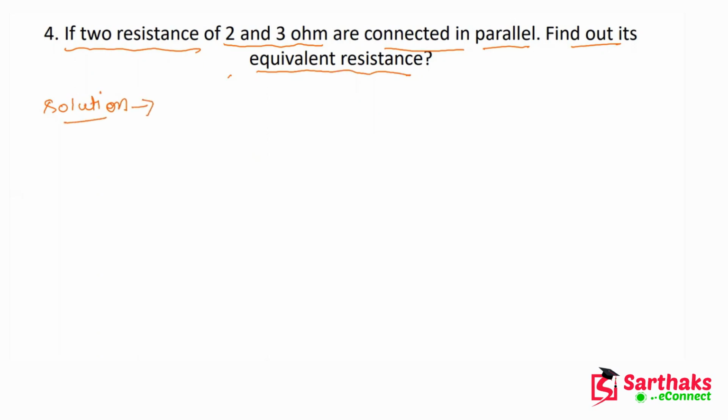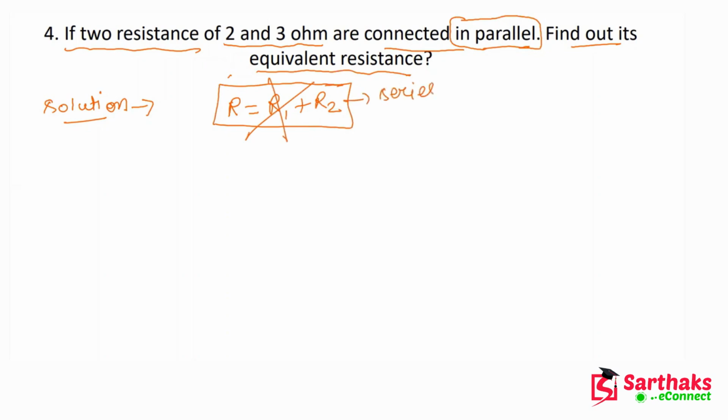We need to find the equivalent resistance, but in this case the resistances are connected in parallel. Can I use the formula R equals R1 plus R2? No, I can't use this because this formula is for series connection, but here it is clearly mentioned that the resistances are connected in parallel.